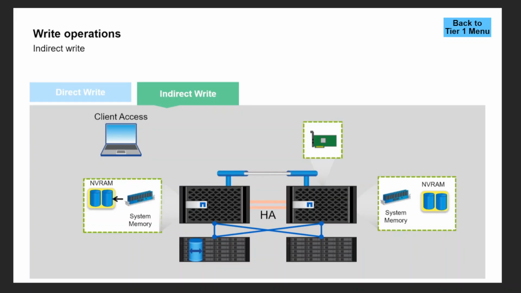The write is simultaneously processed into system memory, logged in NVRAM, and mirrored to the NVRAM of the partner node of the HA pair. After the write has been safely logged, the write is acknowledged to the client. The write is sent to storage at the next CP. Because the write request first goes through another storage system, the write request accesses the volume indirectly.